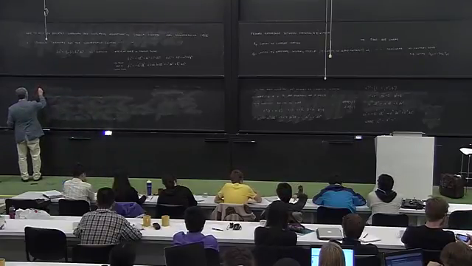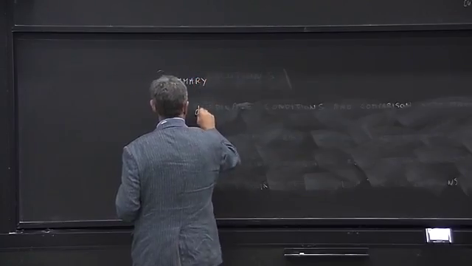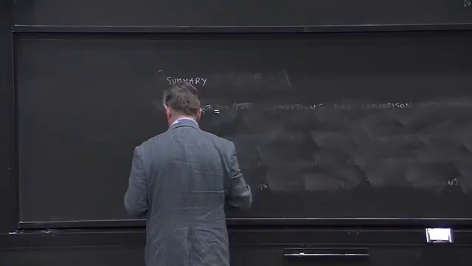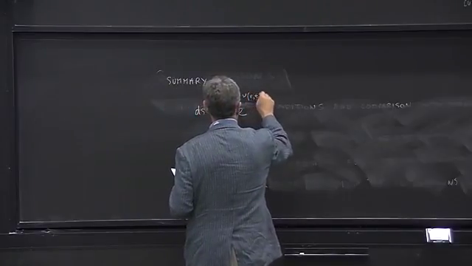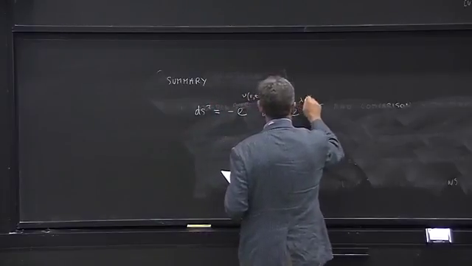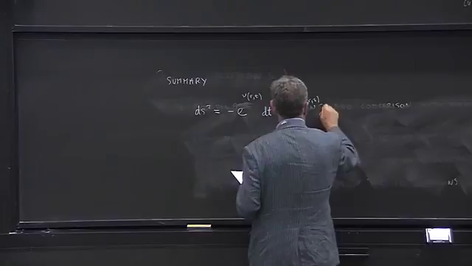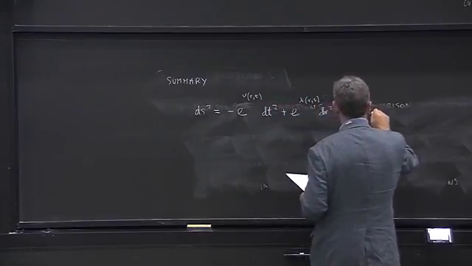So we've got ds squared equals minus e to the nu of r and t dt squared plus e to the lambda of r and t dr squared plus r squared d omega.